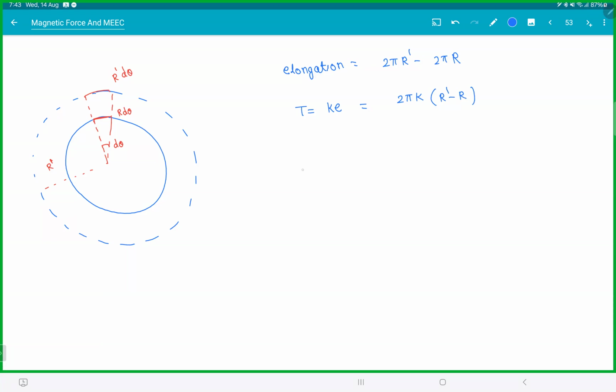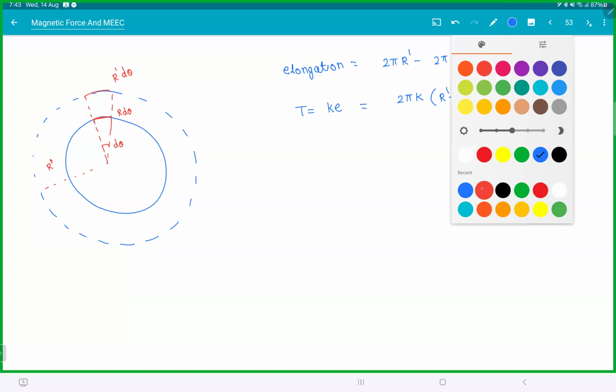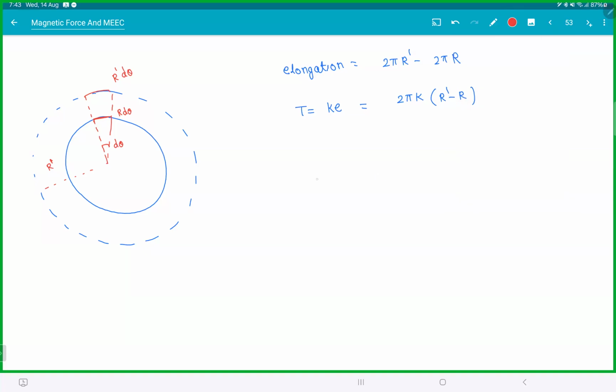Now on that small segment, if you draw the FBD, if you look at the forces here, the tensions are pulling this way, tension and tension. And this would be the current I into the new radius r dash d theta into B. This we have done in circular motion. This thing came multiple times, I told you.